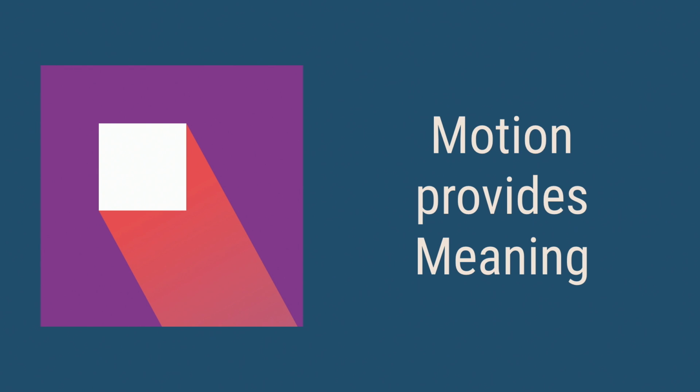One key aspect is that motion provides meaning. It's not just gratuitous. You shouldn't just go and bring up fireworks in your applications and jiggly widgets and all of those things. It really should be tied to some kind of meaning.